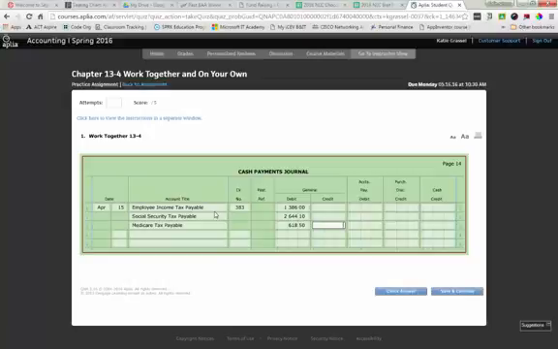What other number am I missing? Because I'm not done yet. Cash. Because I have 3 debits and I don't have a credit. So I need to add up my debits.